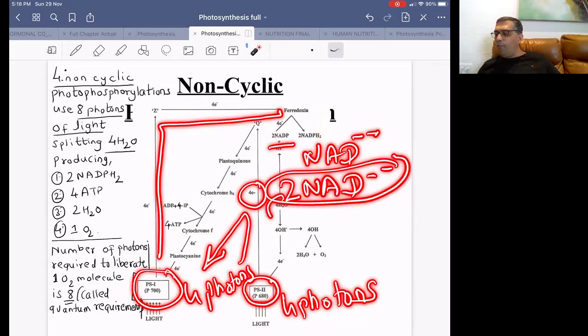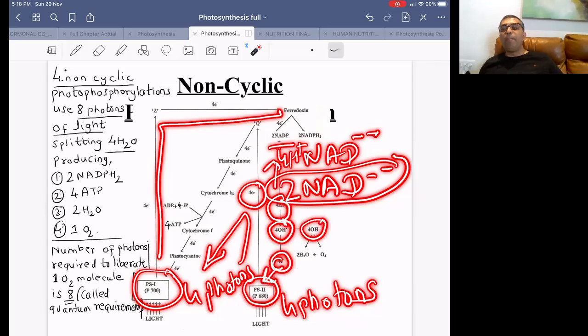And 4 photolysis of water take place to form 4H plus and 4OH minus. जिसमें से बनेंगे 4OH and 4 electrons bring PS2 back to ground state. तो ये प्रोसेस कितनी बार होता है? 4 non-cyclic photophosphorylation.